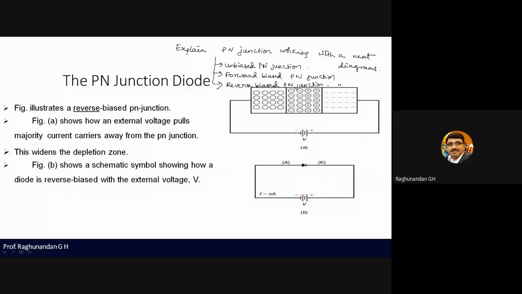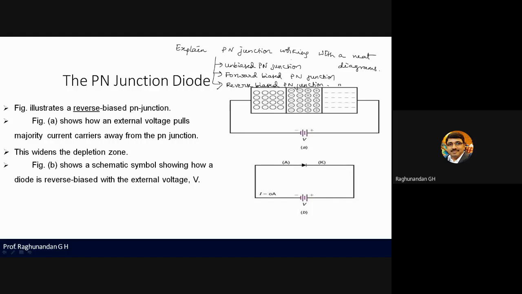So unbiased PN junction means how the diode is going to behave before connecting the supply. Forward bias means how the diode is going to work after connecting the power supply, that too positive to the positive and negative to the negative. So how it is going to work.